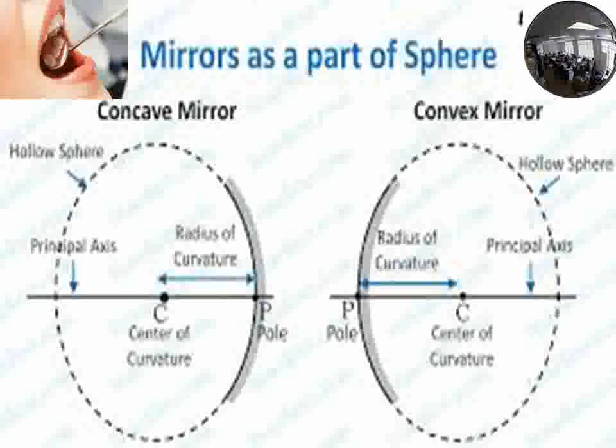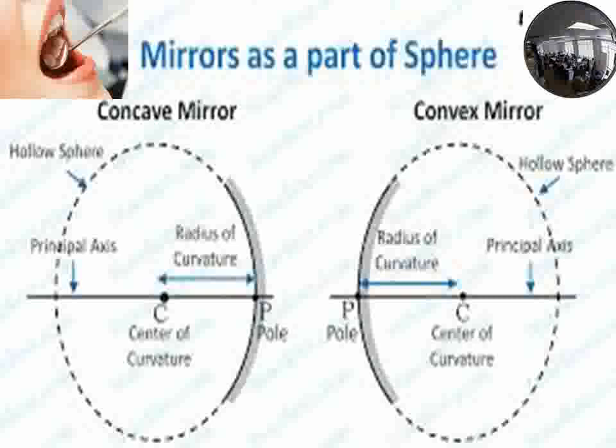There are various points on the geometry, say point P in both the cases, that is known as the pole. Pole is the geometric center of a mirror, and center of curvature is the center of the sphere from which the mirror is cut off.